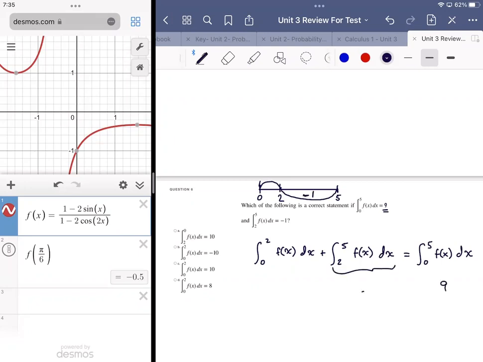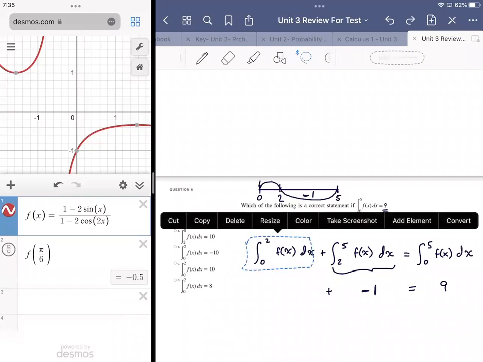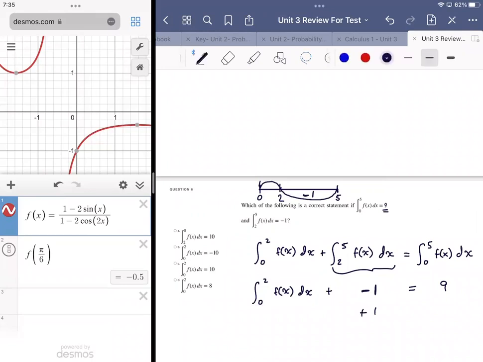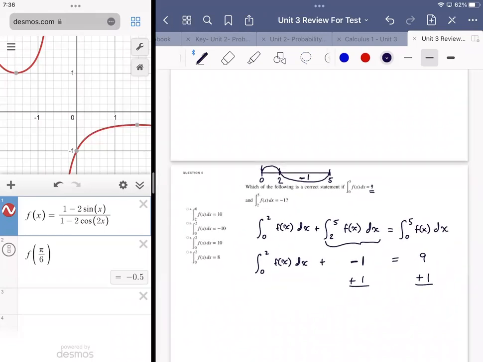This piece is -1. So this is the unknown. But really, it's just a matter of adding a 1 to both sides to figure out what that other integral would be. So that's got to be equal to 10.